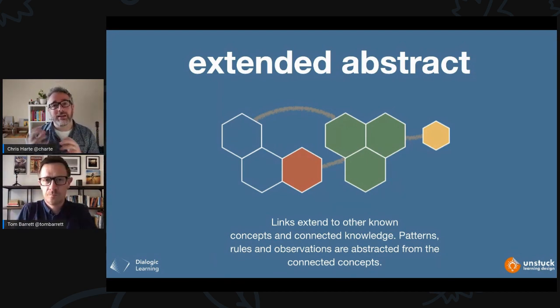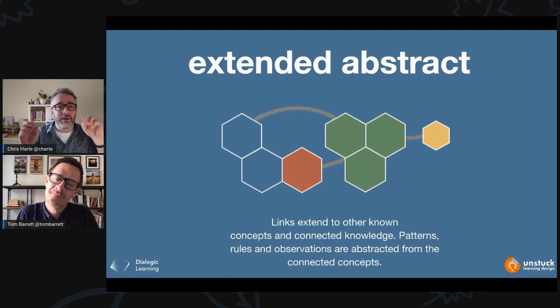And the extended abstract is, for me, exactly what you're talking about, being able to bridge through the permeable membrane of that concept, I think I'm going biology now, and go beyond it. So sometimes you might want to identify, on your concept bubble, some things which are slightly outside the concept itself but are connected to other concepts.